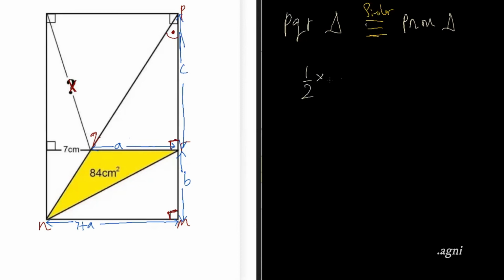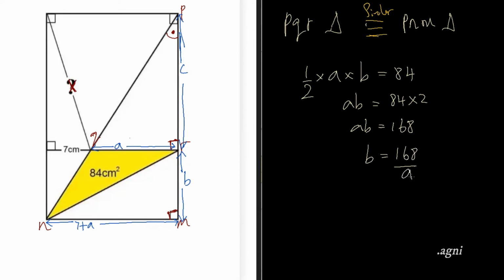We consider A as the base and B as the perpendicular height, the shortest distance between top and bottom level, and the area is 84. So AB is 84 into 2, AB is 168. So let me write B in terms of A: 168 over A.